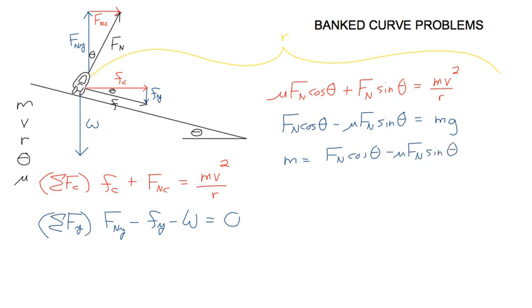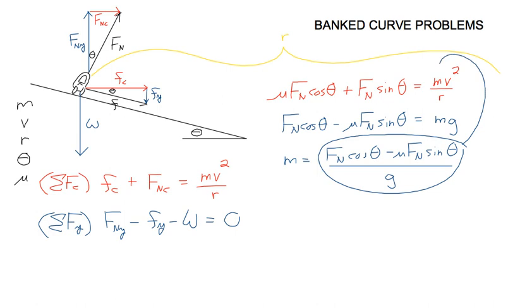The algebra is pretty simple here because all I have to do is divide by g, and that gets m by itself. So I just took the second equation and solved it for m, and now I'm going to take this and I'm going to substitute it right there. And then there won't be an m in the equation anymore.